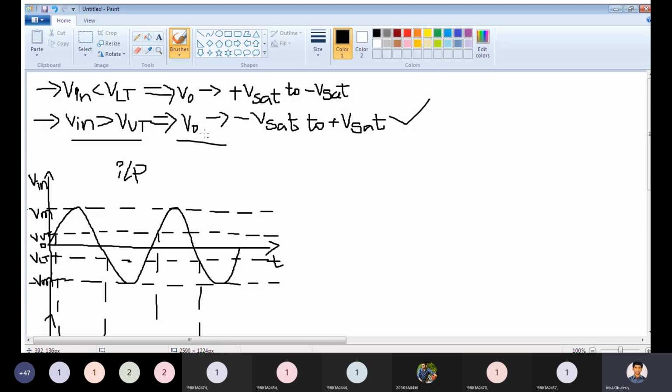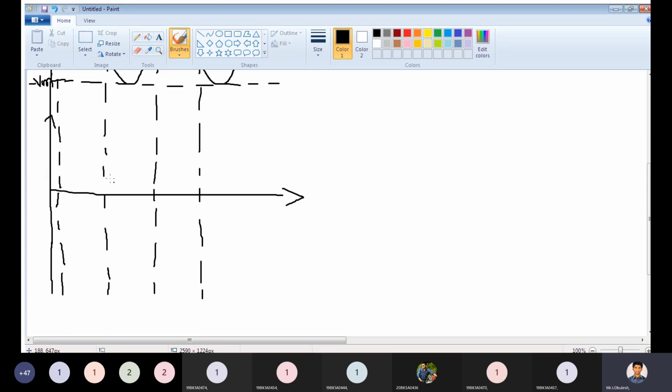Then the output value changes from minus V sat to positive V sat. You have to draw clearly.